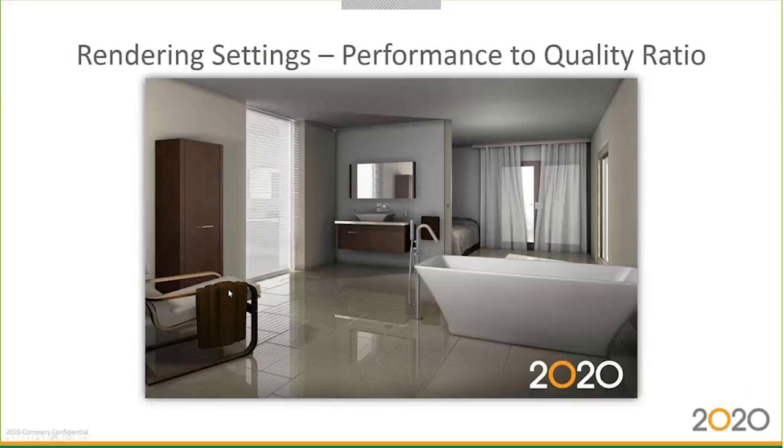Other items that would slow down your rendering are reflective items. The more reflective items you have within your plan, the longer it will take for your renderings to generate. So again, referring to the tips I just mentioned, you could always hide these items within a layer, or just add them towards the end of your design.